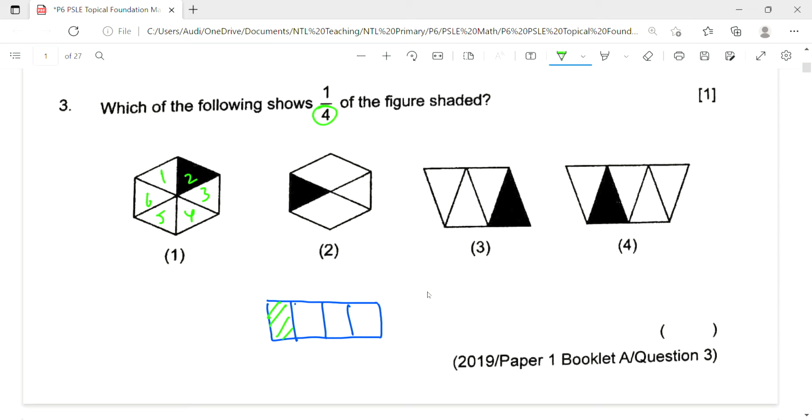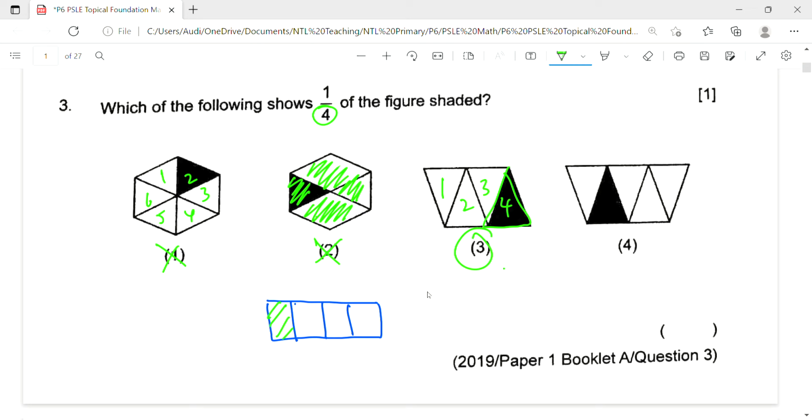So not 4, so this is out. Now we look at figure 2, you've got 1, 2, 3, 4. It looks like 4, but they're not equal. This part here and this part here are not the same shape as this part and this part. So not equal. Look at figure 3. Are they equal parts? Yes. 1, 2, 3, 4. And only 1 part is shaded. So our answer is number 3.